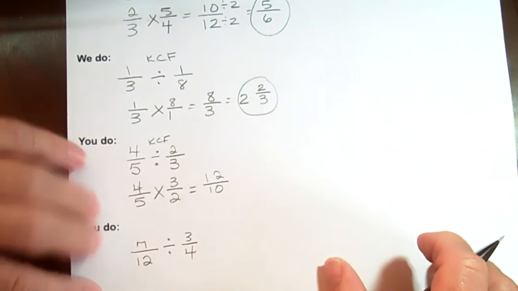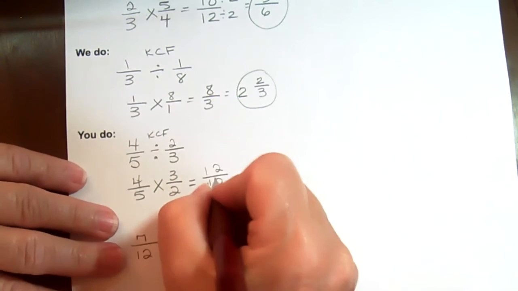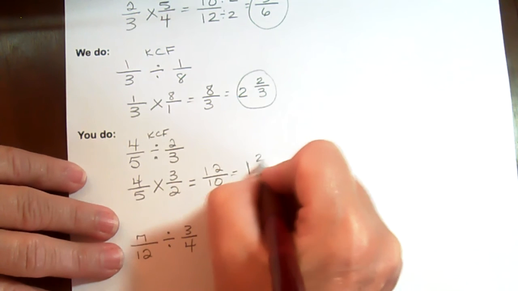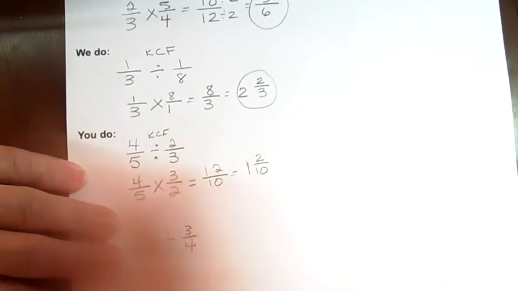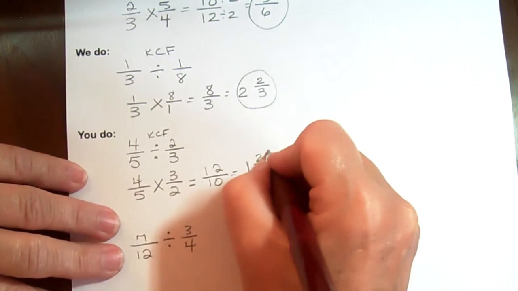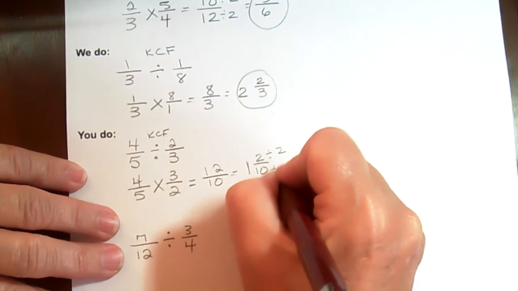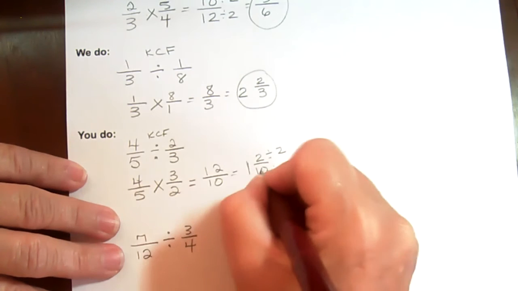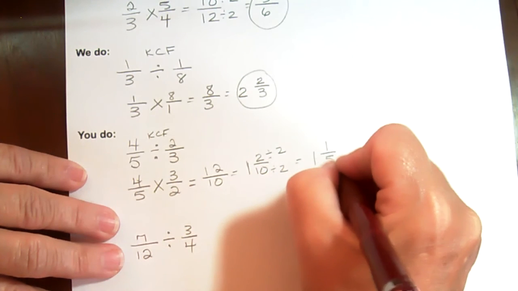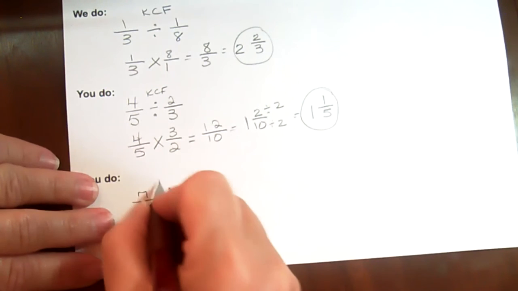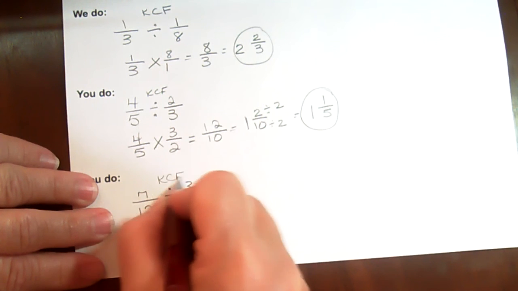That is an improper fraction. How many tens are in 12? That is 1, with 2 left over, with the 10 as the denominator. But 2/10 can be simplified because 2 goes into both of them. So 2 divided by 2 is 1, and 10 divided by 2 is 5. So 1 1/5.